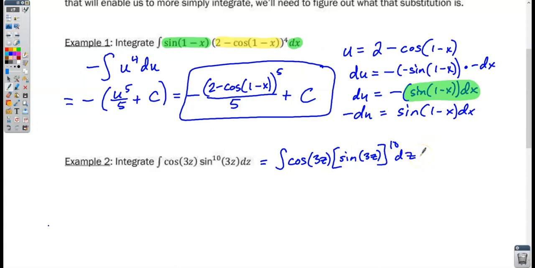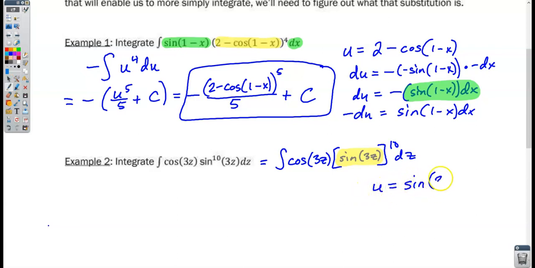Thinking about it that way, it becomes apparent what I want to use as a substitution, because I want to use something that is inside of a composition of multiple functions. I think the best choice here is sine of 3z as my u in this problem.